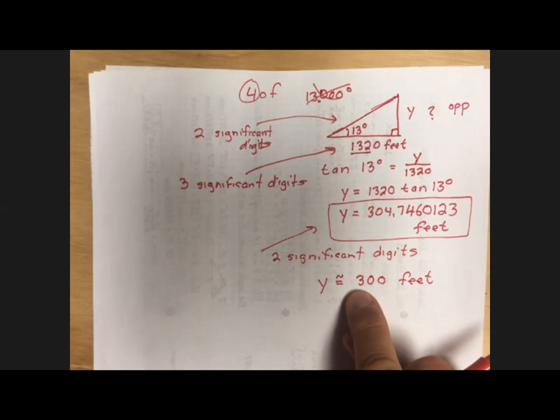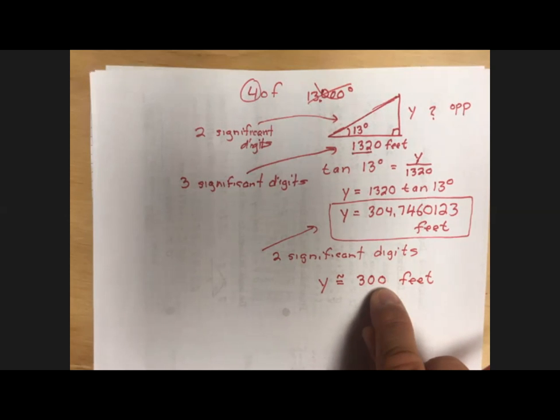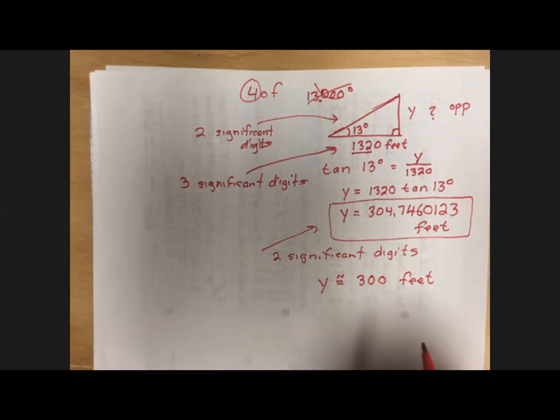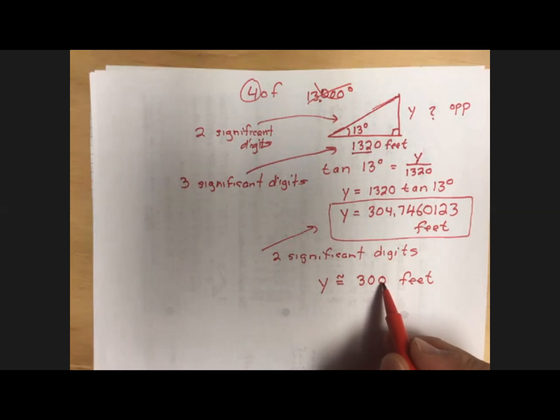Now the problem is, is that one significant digit, two significant digits, or three significant digits? If I measure to the nearest foot, it's three significant digits. If I only measure to the nearest 10 feet, to the nearest basketball hoop, then it's only two significant digits. If someone doesn't tell me, you count the non-zero digits until you reach the last non-zero digit.